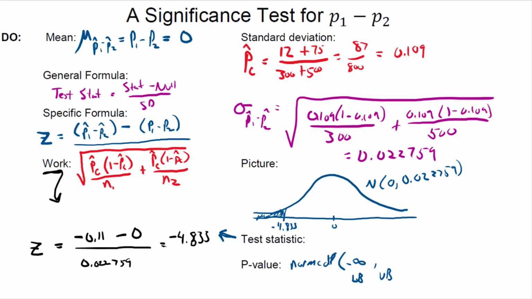Your upper bound will be negative 4.833. In this case, we used our z-score value, so our mean is 0 and our standard deviation is 1 to calculate for your p-value.